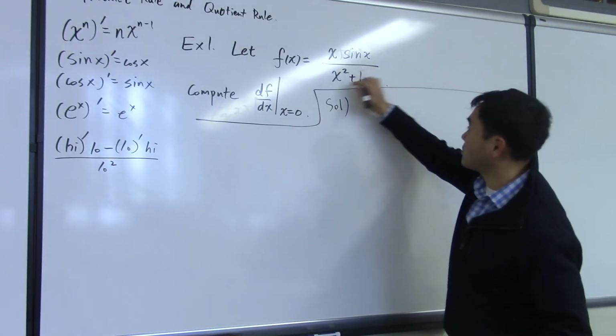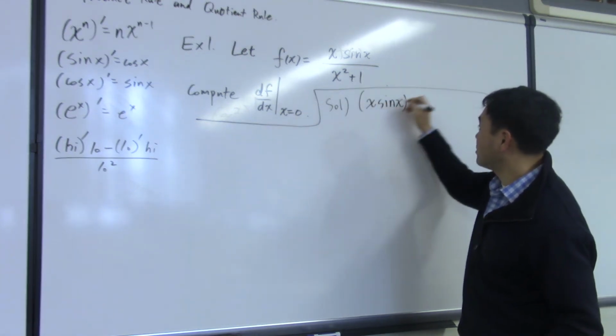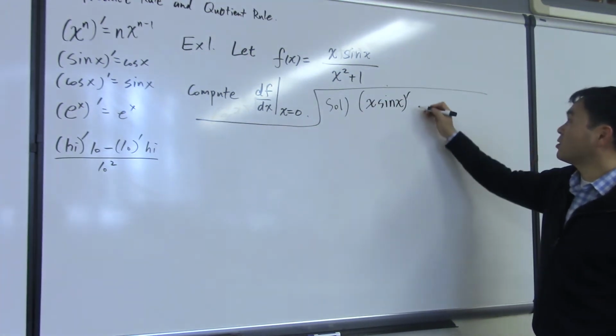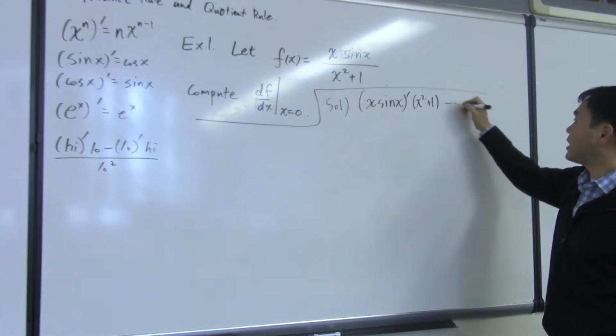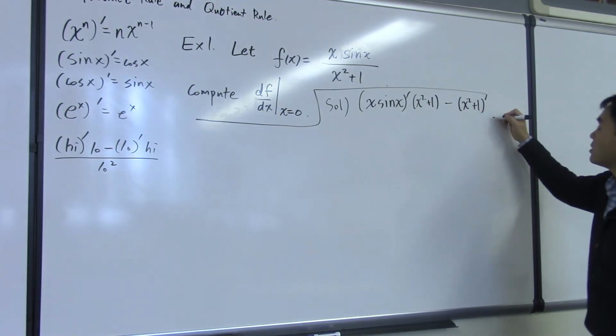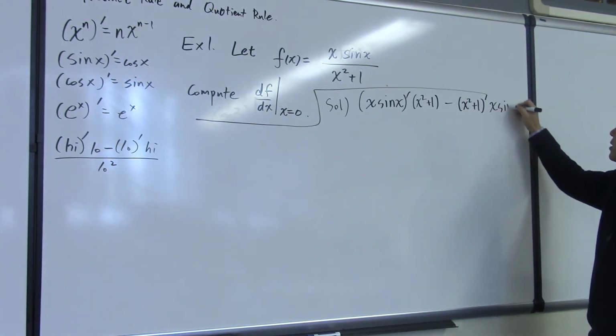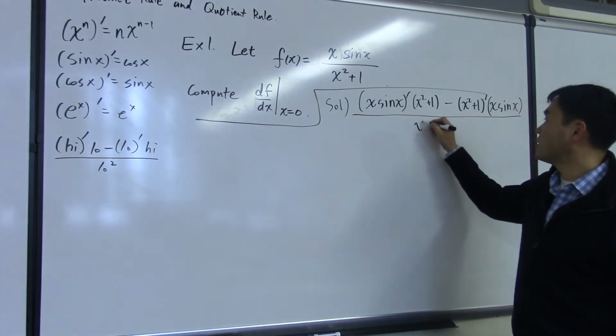This is the high and that's the low. So high d low, minus low d high over low squared.